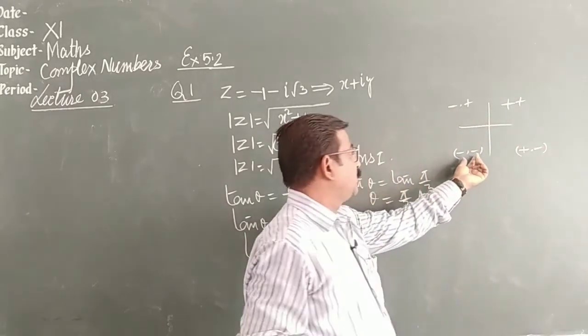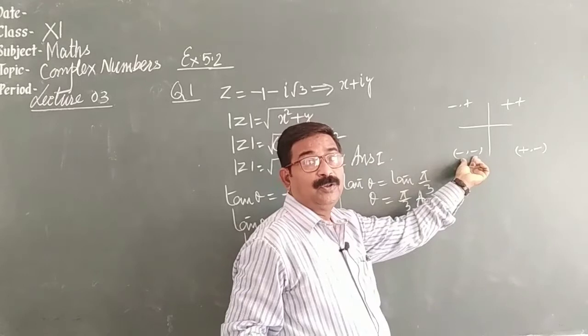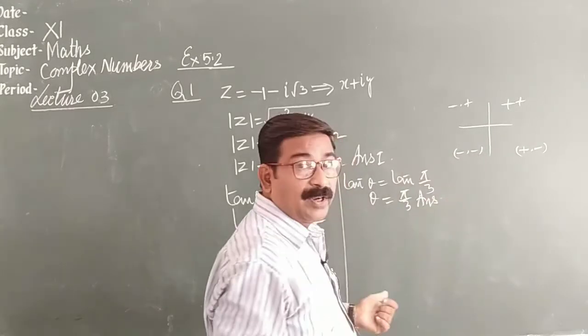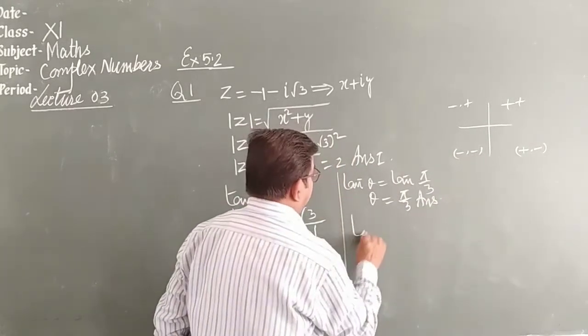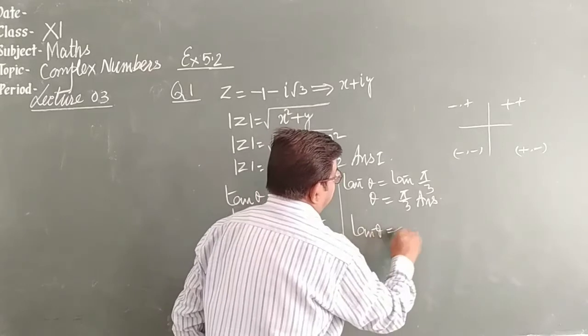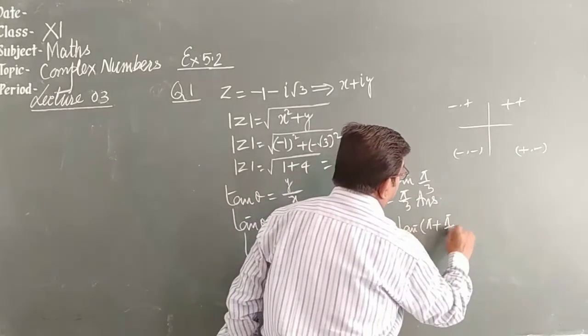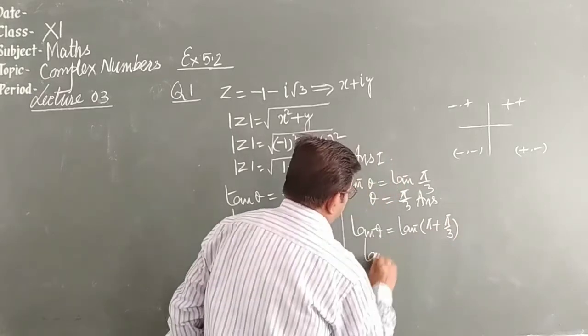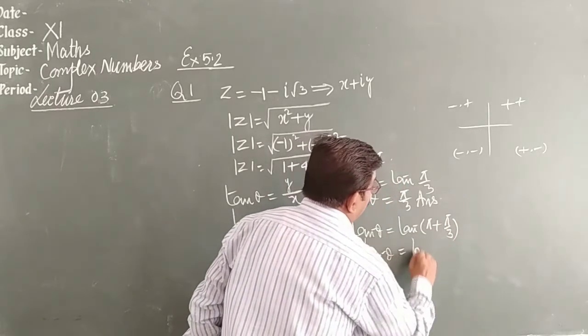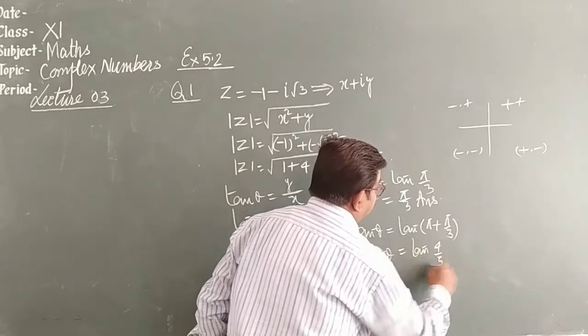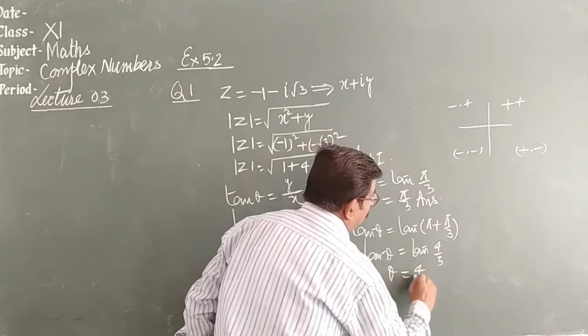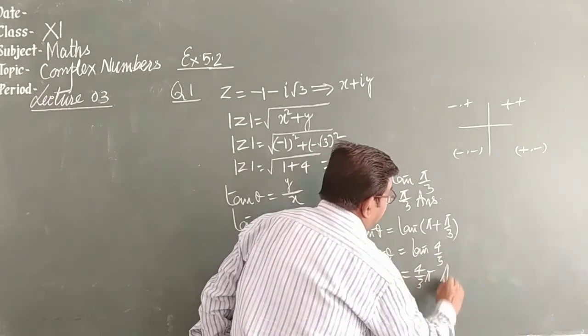So here both x and y are negative, so it is in the third quadrant. So we can write tan theta is equal to tan of pi plus pi by 3, which means tan theta is equal to tan 4 pi by 3. So theta is equal to 4 pi by 3 is the answer.